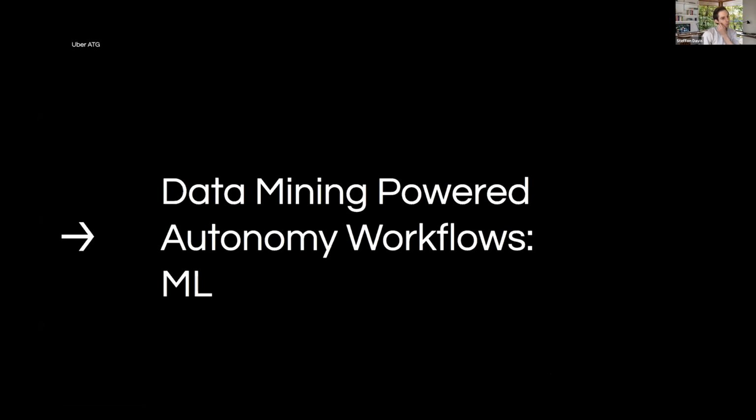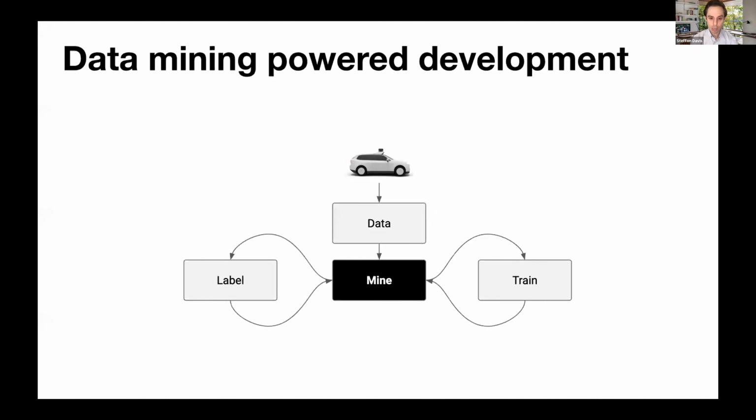Okay, great. So we've looked at these types of data mine outputs. Now let's look at how those outputs and data mining power an autonomy development workflow, starting with machine learning. So a high-level data mining powered machine learning development workflow starts with collecting data that's then mined.